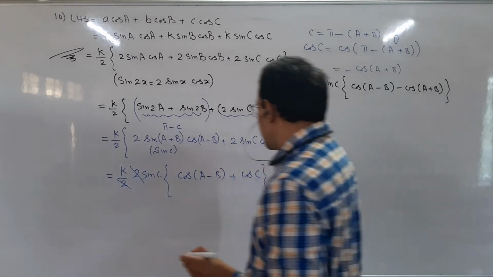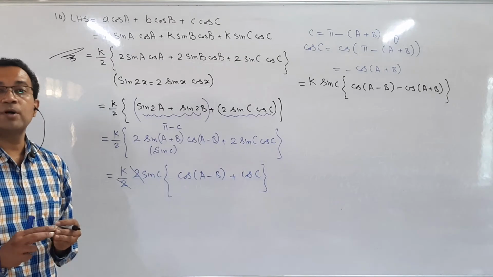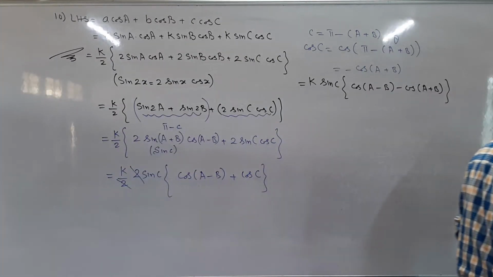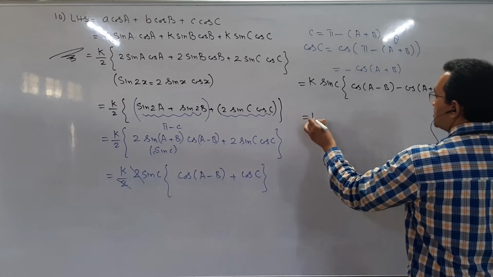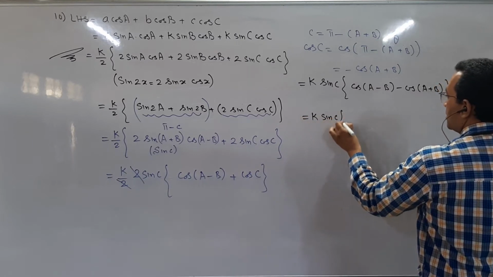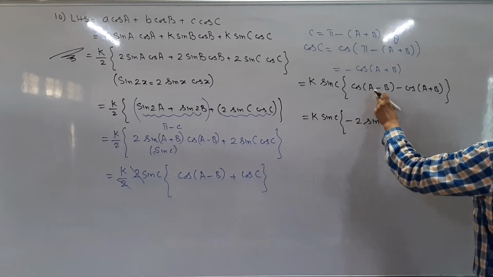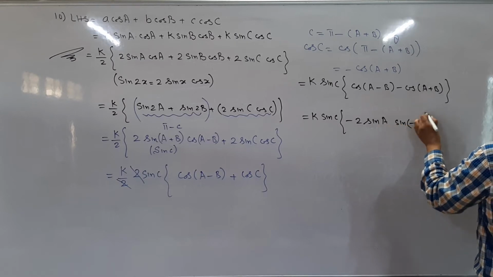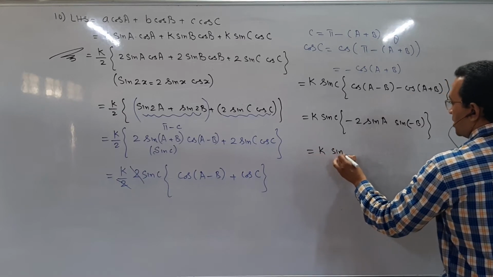So now instead of c plus c, I have to apply the formula of c minus c, because our answer is required, students, in terms of sine. So c minus c will be minus 2ss. Addition of the two angles by 2 is A, subtraction of the two angles by 2 is minus B. So minus minus becomes plus.